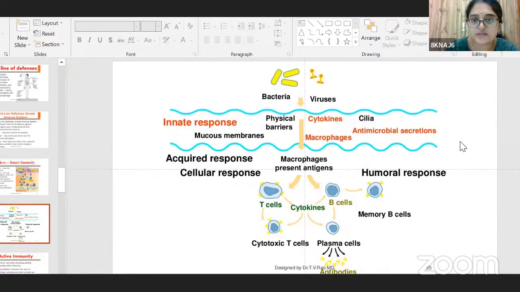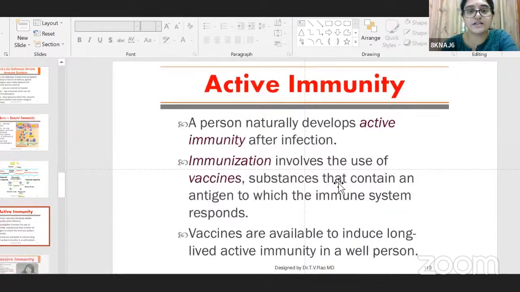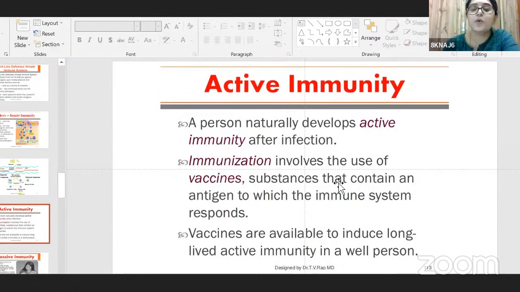And once the innate response is done, the acquired response kicks in, because of which the effect against it is going to be more. Now, what exactly is active and passive immunity? A person gets active immunity after infection. When an organism is exposed to antigens, antibodies are produced.